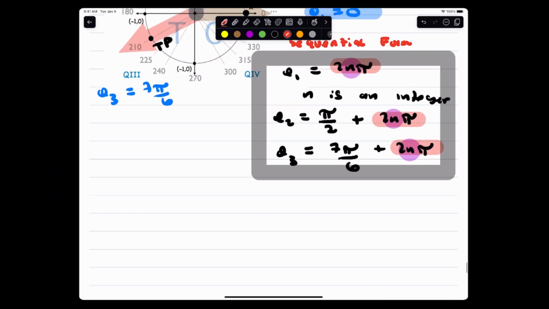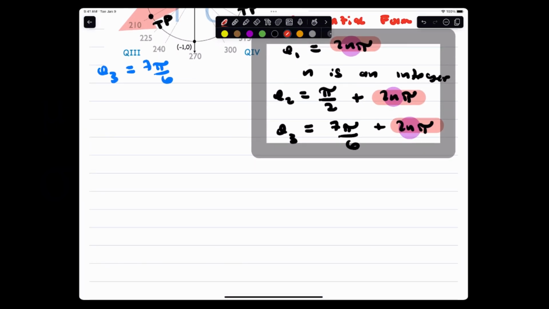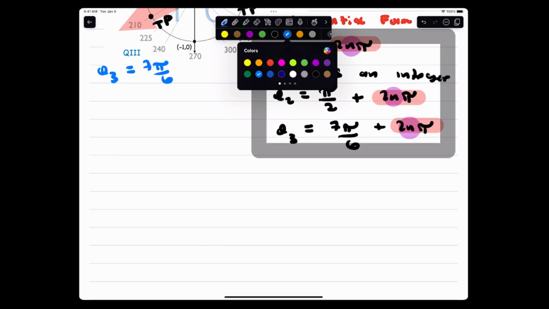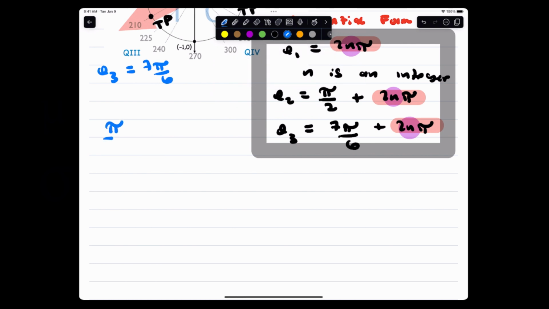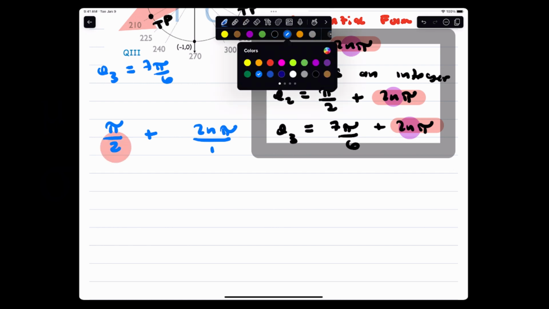Now, pi over 2 plus 2n pi. Let's do this arithmetic. Put this over 1 and then multiply the top by 2 and the bottom by 2.